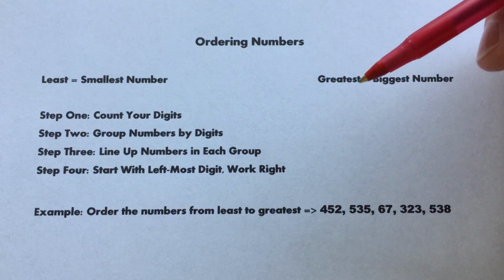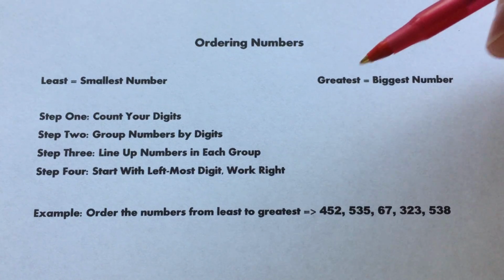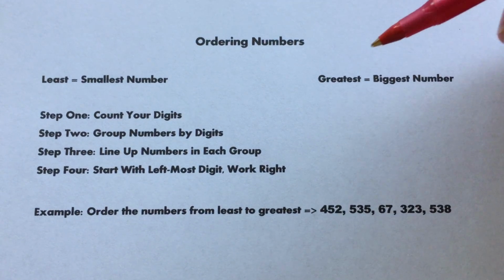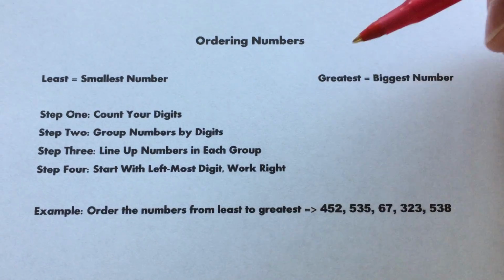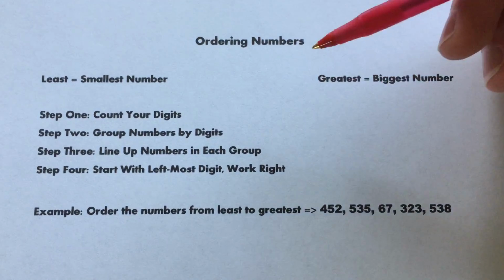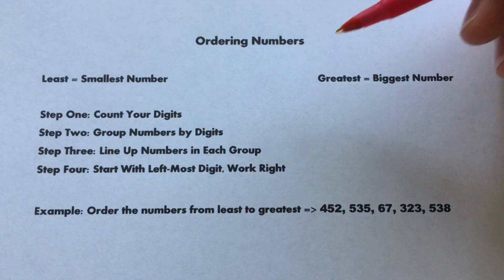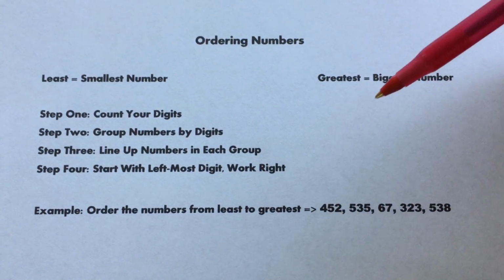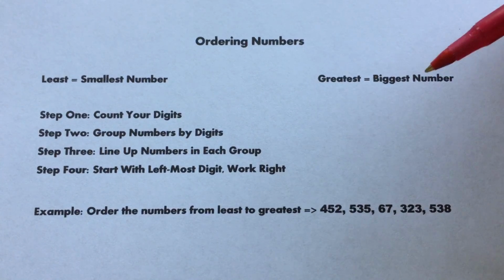I'm supposed to do this and then this and then this, or however many steps you happen to have in that process. That's what we're going to work on today, a process for figuring out how to order numbers. It's going to get easier over time, but if you're just starting ordering numbers, this is a great way to start things off.